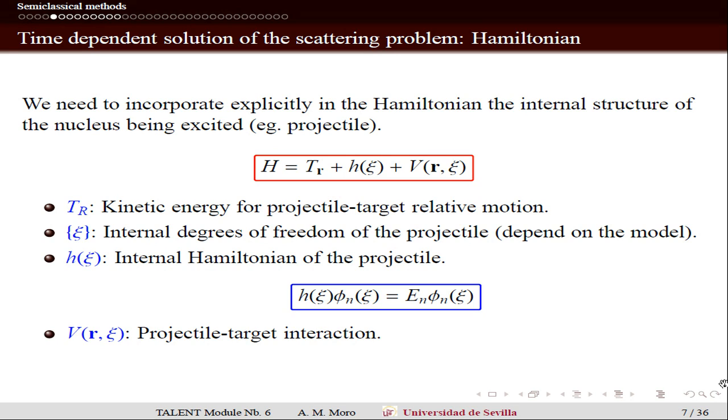So we can have excitations of the projectile, right? And the internal Hamiltonian can be solved to obtain the energy spectrum of this projectile and the corresponding states. I have changed slightly the notation with respect to the other day, so I think this slide is useful to define our notation today. It's similar, but not exactly the same.